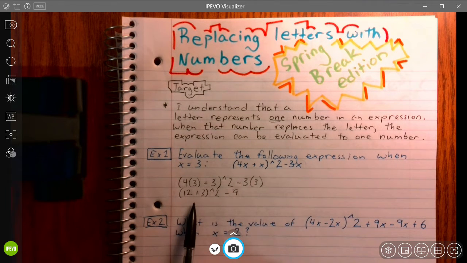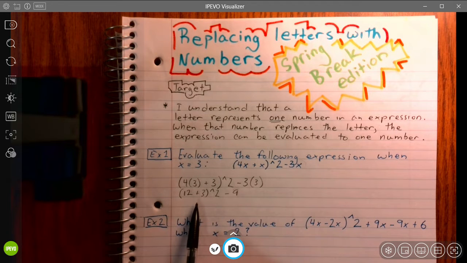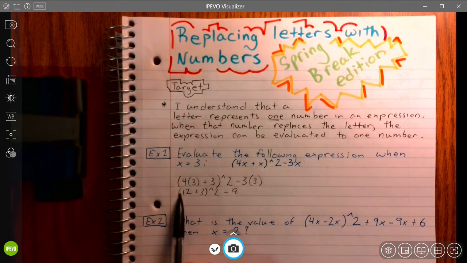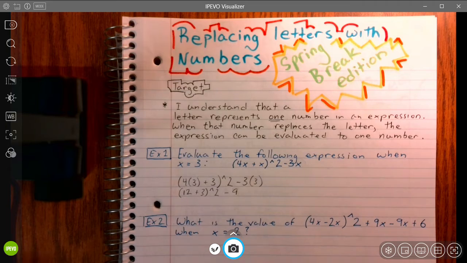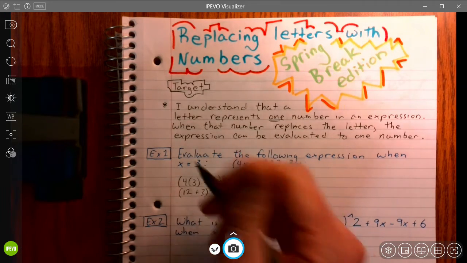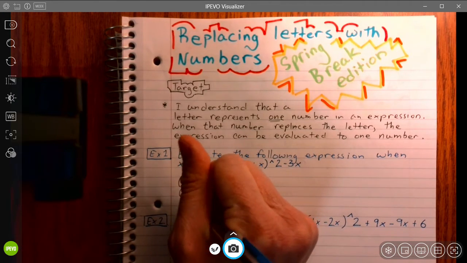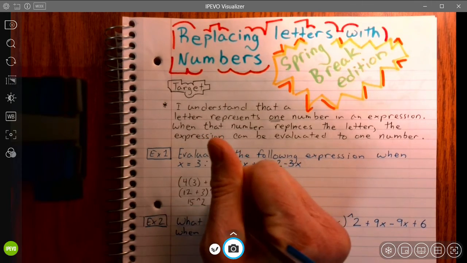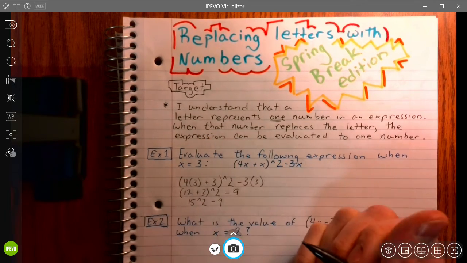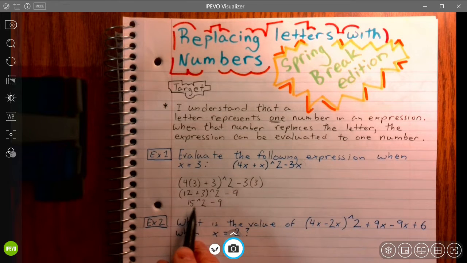Do I have any parentheses? I sure do. Right here. And what's in my parentheses? Well, that is 12 plus 3. 12 plus 3 is 15 minus 9. Sorry, 15 squared minus 9.